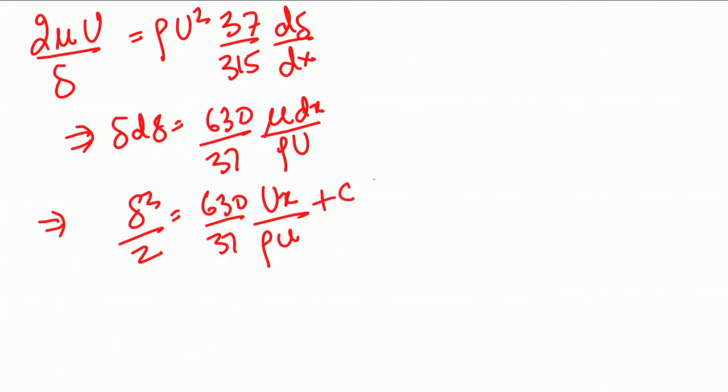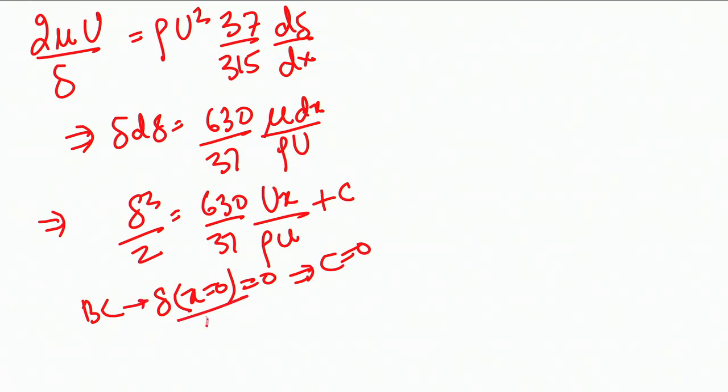Okay, the boundary condition at the leading edge is that the boundary layer thickness is going to be 0, which gives c is equal to 0. This is the boundary condition.